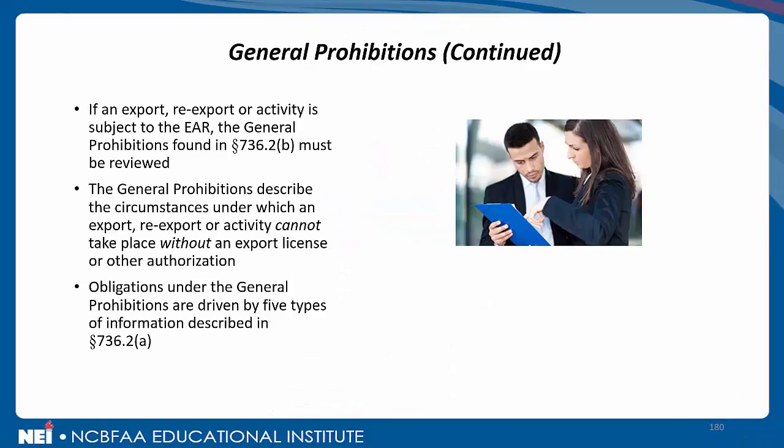So let's move on. Getting down to the nitty-gritty of the general prohibitions, if an export, re-export, or activity is subject to the EAR, there's that terminology once again, the general prohibitions found in Part 736.2(b) of the EAR must be reviewed. The general prohibitions, as we see in our second bullet point, describe those circumstances under which an export, re-export, or related activity cannot take place without an export license or other authorization, meaning a license exception.